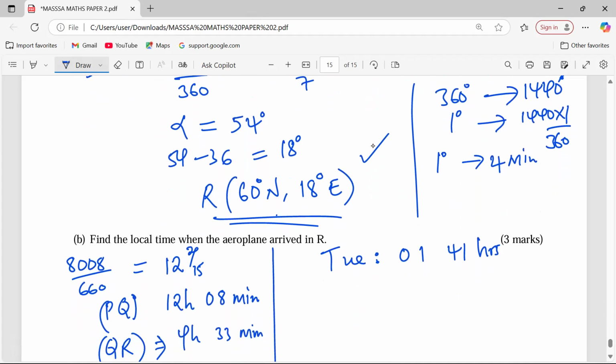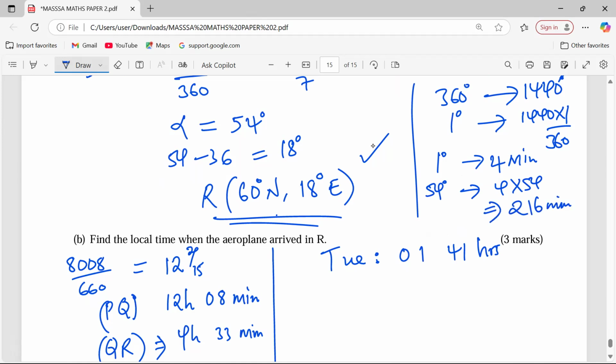Now the angle difference from P and Q to R: P and Q are already on the same longitude, so there is no time difference between P and Q. But with R, there is a time difference. What about the 54 degrees? 4 times 54 minutes is going to be 216 minutes.